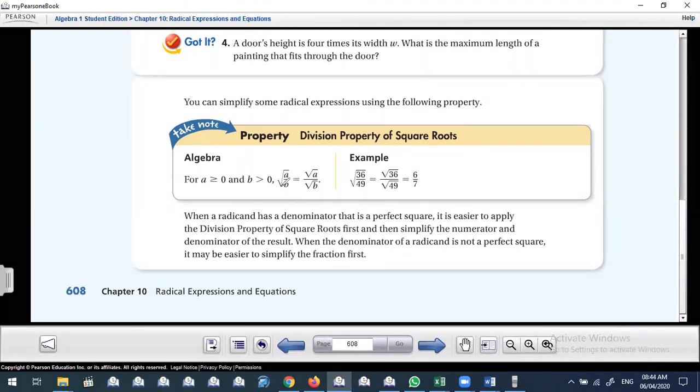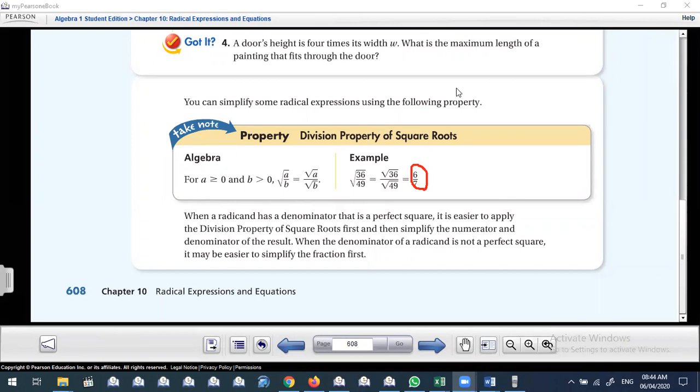Instead of the square root of a over b, it will be the square root of a over the square root of b. Like the square root of 36 over 49 will be the square root of 36 over the square root of 49. The final answer is 6 over 7. So it's a very easy property.